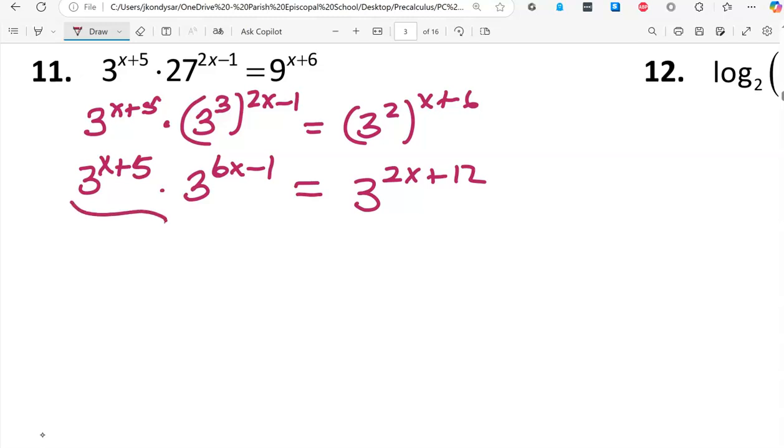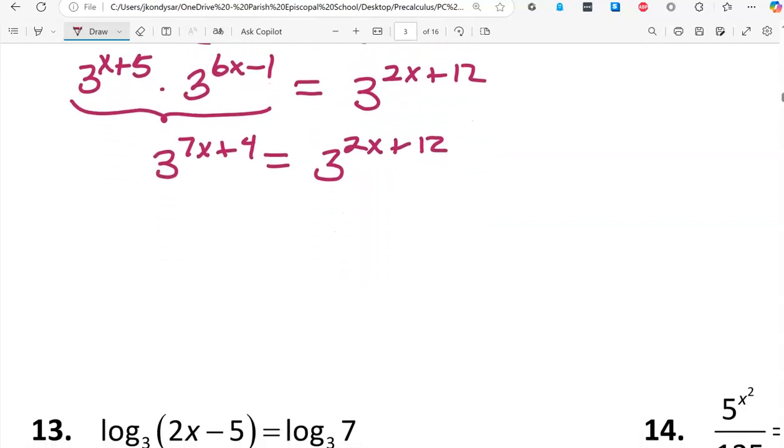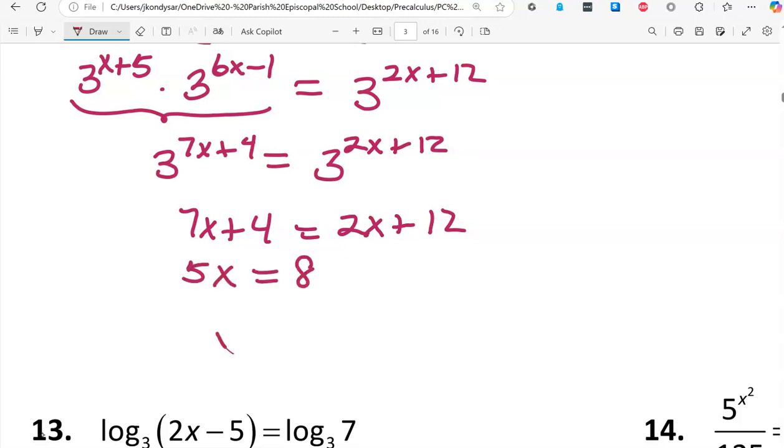When we multiply like bases together, we add their exponents, so that gives us 7x plus 4, and on the right our exponent is still 2x plus 12. Now that we have 3 to the a equals 3 to the b, that means that a and b, the exponents, must be equal to one another. Subtracting 2x and subtracting 4, we get 5x is equal to 8, so x is equal to 8/5.